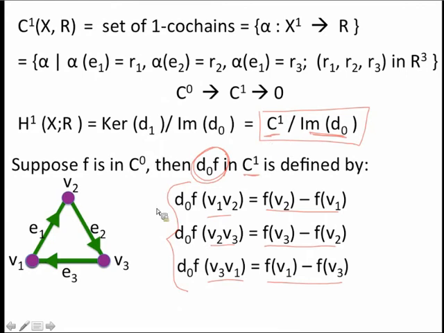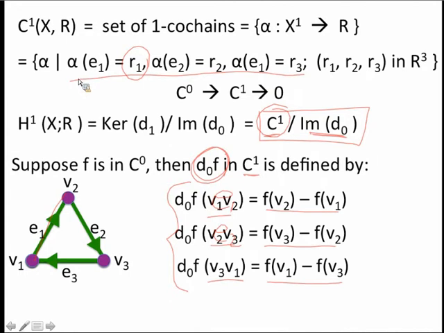So let's see if I can. In C1, this is my C1 right here, it's the map that will send an edge E1 to R1. E1 is my edge V1, V2, and this is my edge E2, etc.